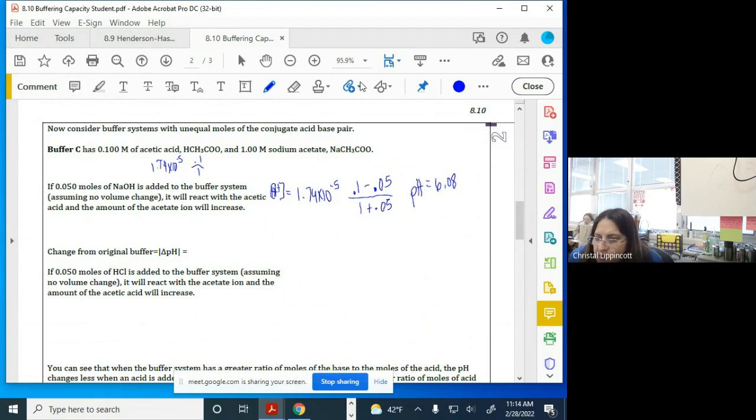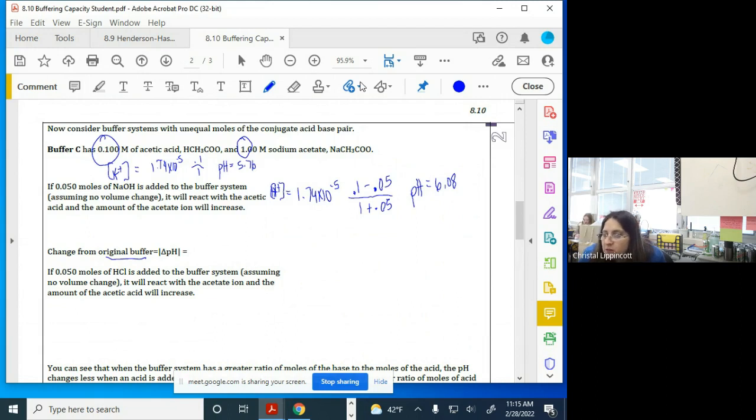So they asked for the change from the original buffer. This is my original buffer, right? This is my acid. This is my base. So if I want to figure out my H plus concentration, I would multiply the Ka value by the molarity of my acid over my base, then take the negative log, and that's going to give me a pH of the original buffer system of 5.76.